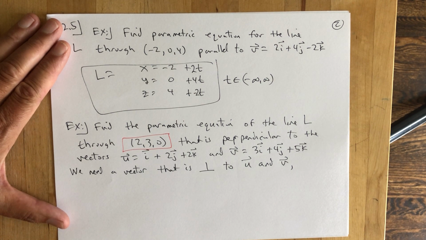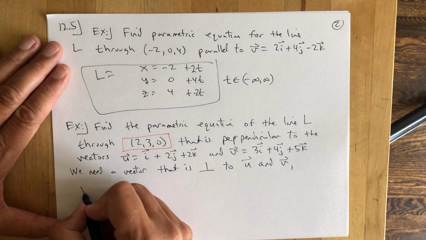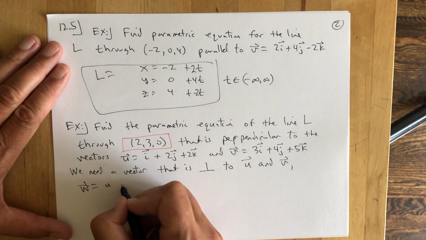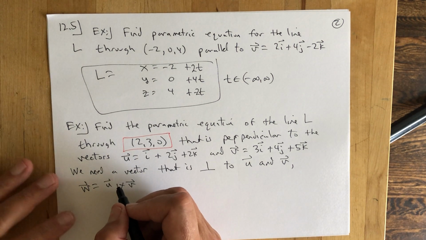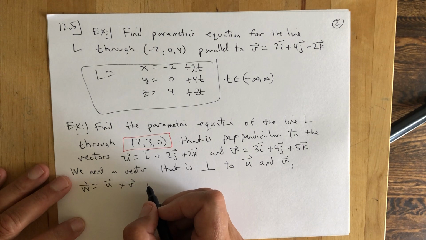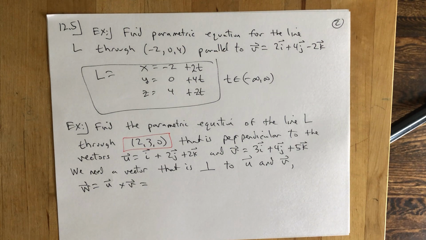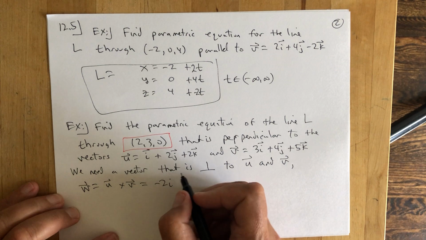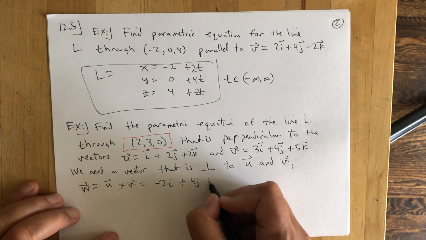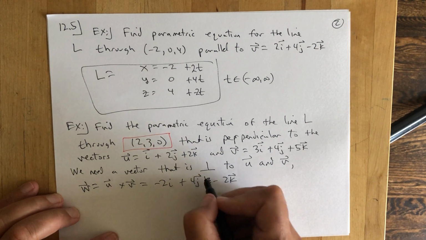So first we need to find this vector that is orthogonal to u and v. And, okay, this is a nice, clever setup. How do you find a vector that's orthogonal to two vectors? You take the cross product. So we're going to let w be the cross product of u and v. And after some work, you have to do the ijk matrix thing, you get the vector minus 2i plus 4j minus 2k.